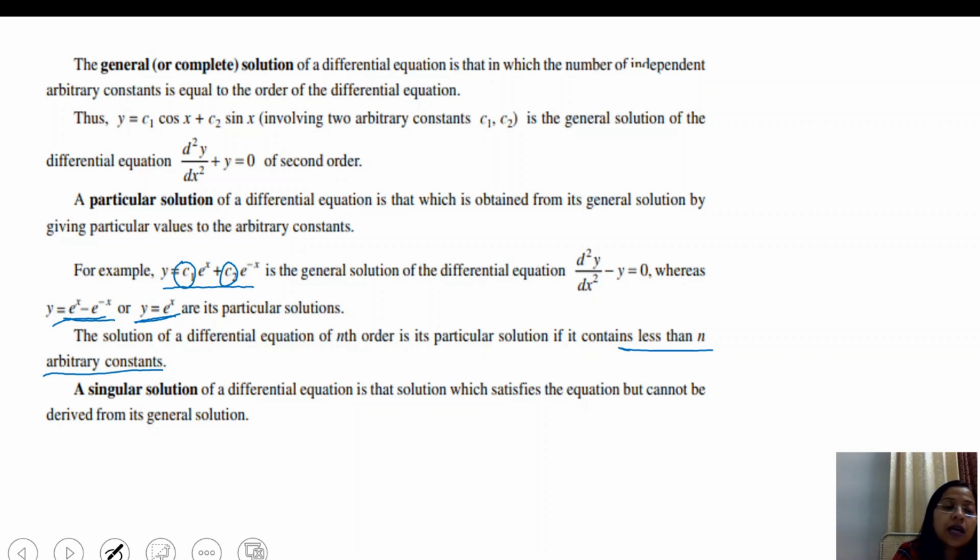Okay. A singular solution of a differential equation is that solution which satisfies the equation but cannot be derived from its general solution. Alright, so this is the definition of a singular solution.